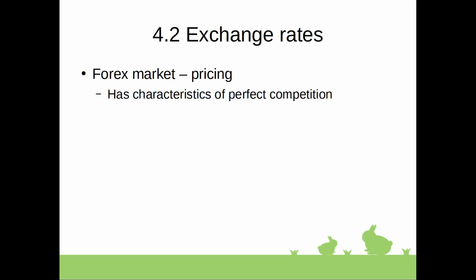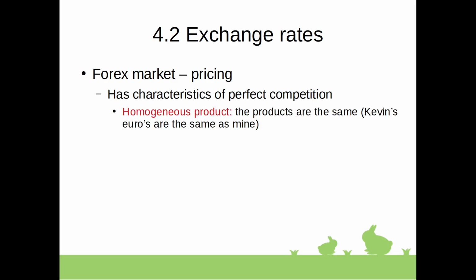Now, how is the exchange rate decided? As you can see, we start with analyzing the market itself, where the currency will be exchanged, the forex market once again, and we will use the model of perfect competition, which is something we've seen in the past, to characterize the forex market.